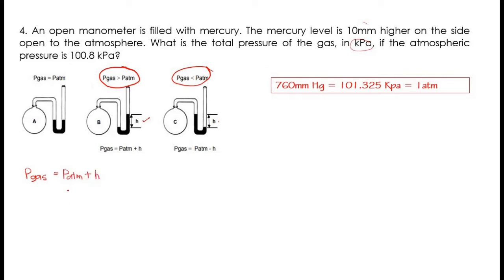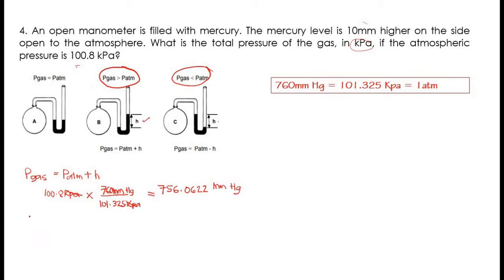So first we have to convert the given atmospheric pressure 100.8 kPa. Let's convert it into millimeters so that we can add the height. So our conversion unit is 101.325 kPa, and the equivalent is 760 millimeter of mercury. So your kPa and your kPa will cancel out, and this is 756.0622 millimeter of mercury.